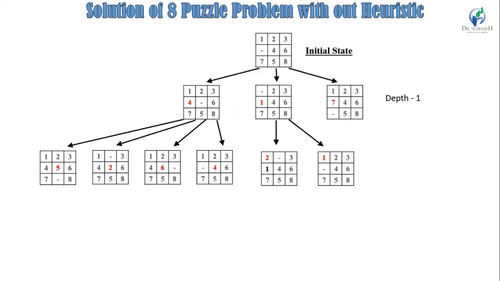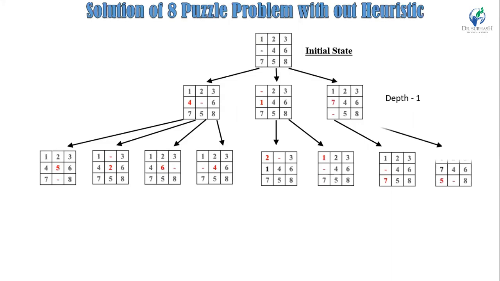Now we further expand the downside move. It has two legal moves. First is upside, so we replace 7 and the empty space. Second is right side, so we replace 5 and the empty space. So it is called depth 2.